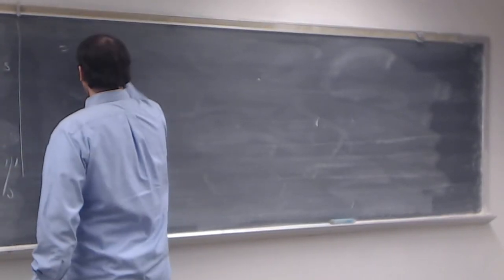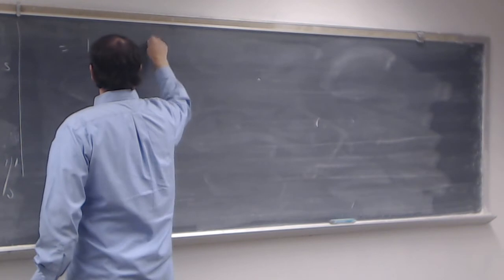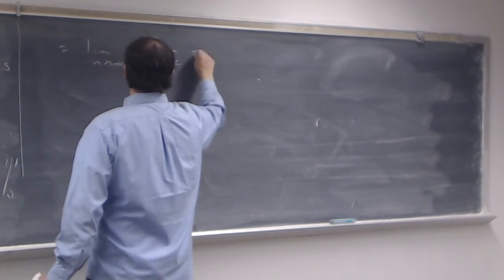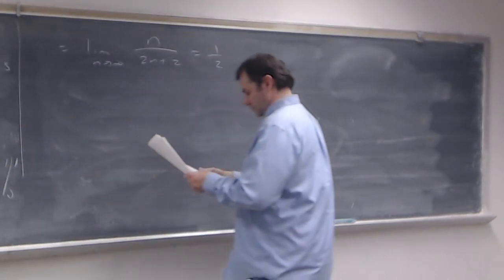That's going to equal the limit as n goes to infinity of n over 2n plus 2, which equals 1/2.